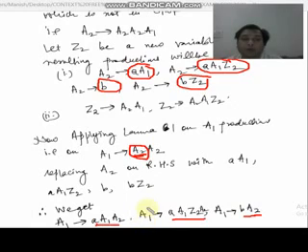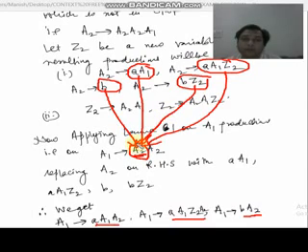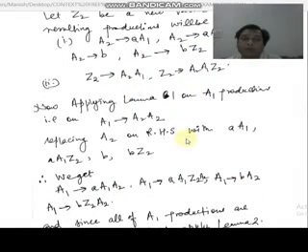So we'll get A2 firstly replaced by A A1, then A2 replaced by A A1 Z2, then A2 replaced by B, and finally A2 replaced by B Z2. So this is how we'll get 4 A1 productions, 1, 2, 3 and 4.